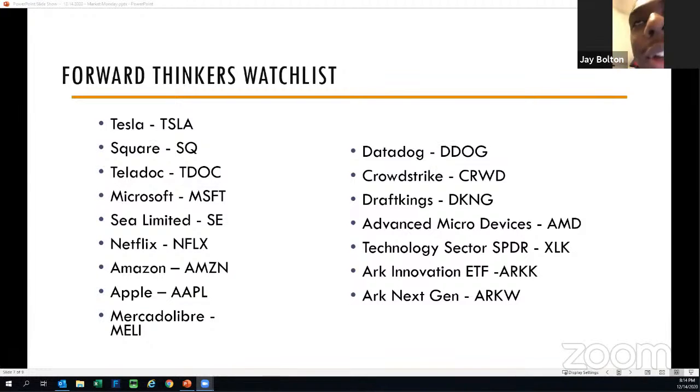And I didn't put VOO for the S&P 500 on there, but it's grandfathered in. Obviously, if you don't know what to do, you can buy the S&P 500. You're owning everything. A modern day S&P 500 though is ARK, and it is a lot cheaper than the S&P 500.